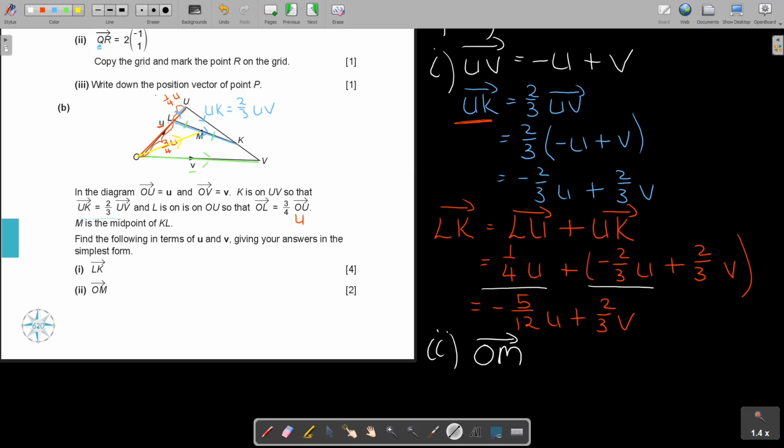OM. Now again, that's my short road. You find a long road. Now your road can maybe be O to L, you have that information there, and L to M. Just remember that LM is the half of LK. Do you agree?